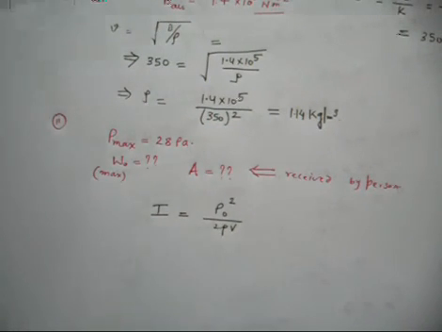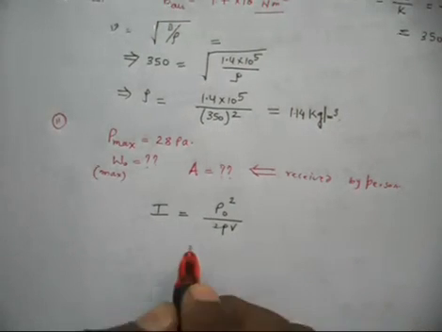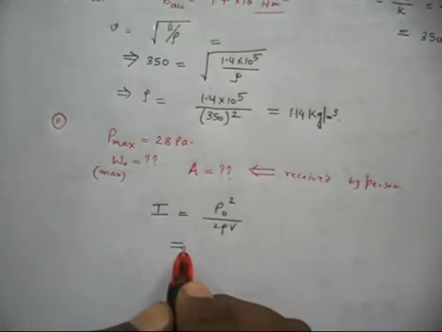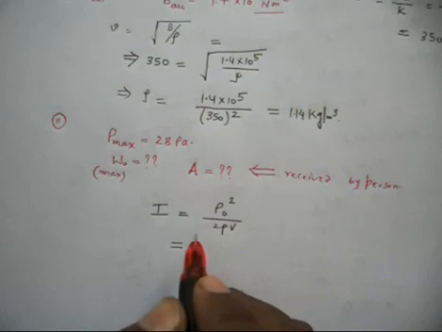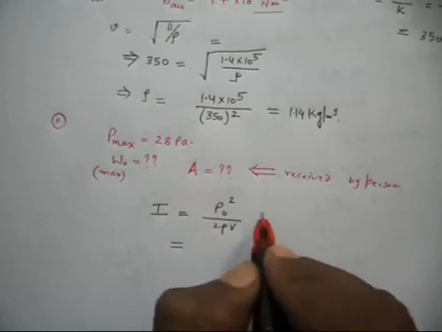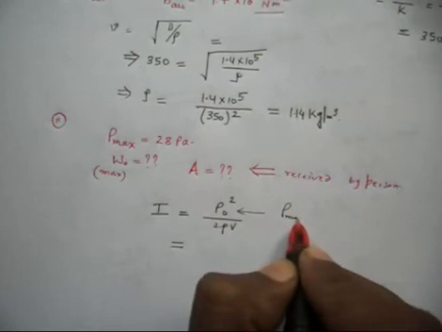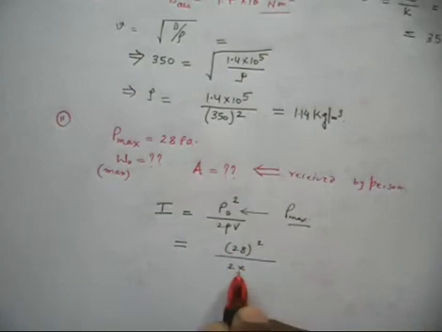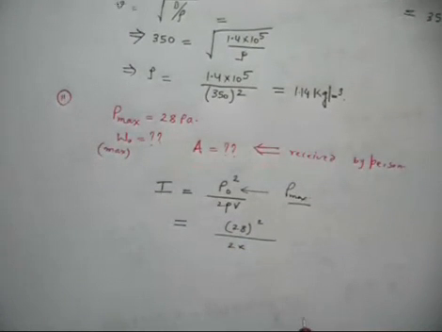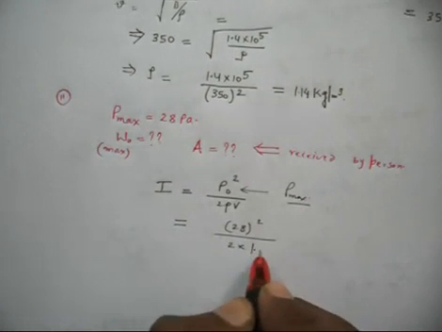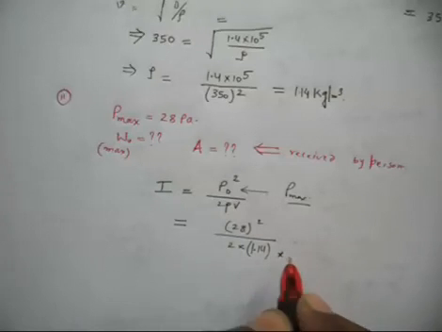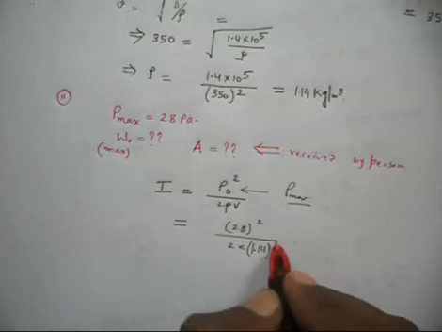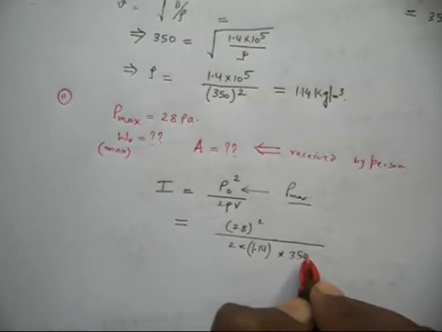So P max is 28 Pascal, so 28 square divided by 2, and rho is 1.14 kg per meter cube, which we have already calculated in the first part, and velocity is 350.